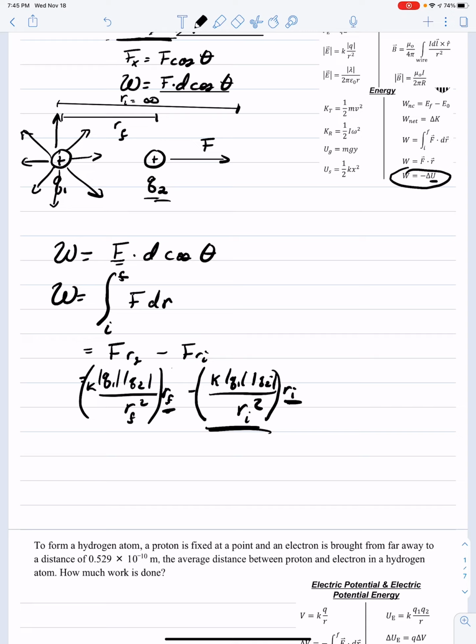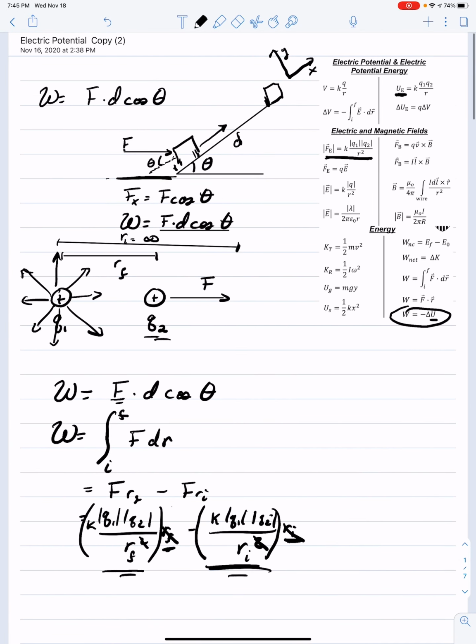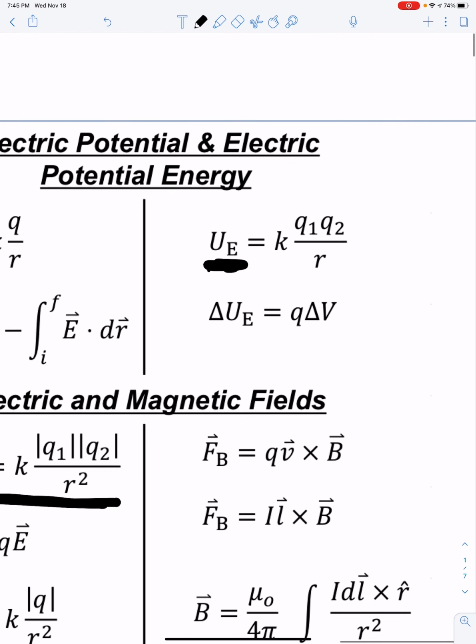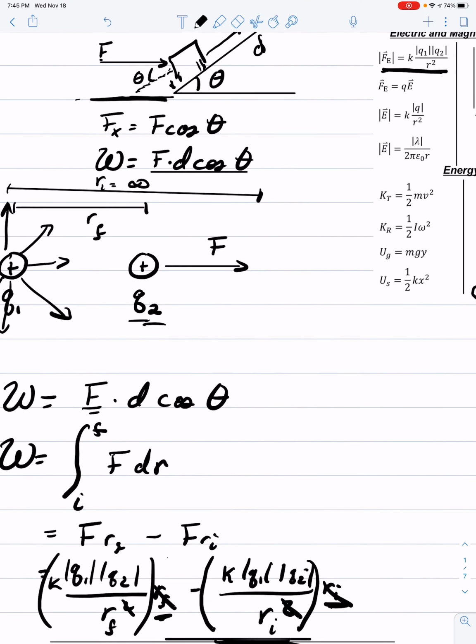Now we start scratching this. We have these two, they cancel out because we have r squared at the bottom, but r at the top. So now we are left with just these equations, which is the same as the electric potential energy equation.